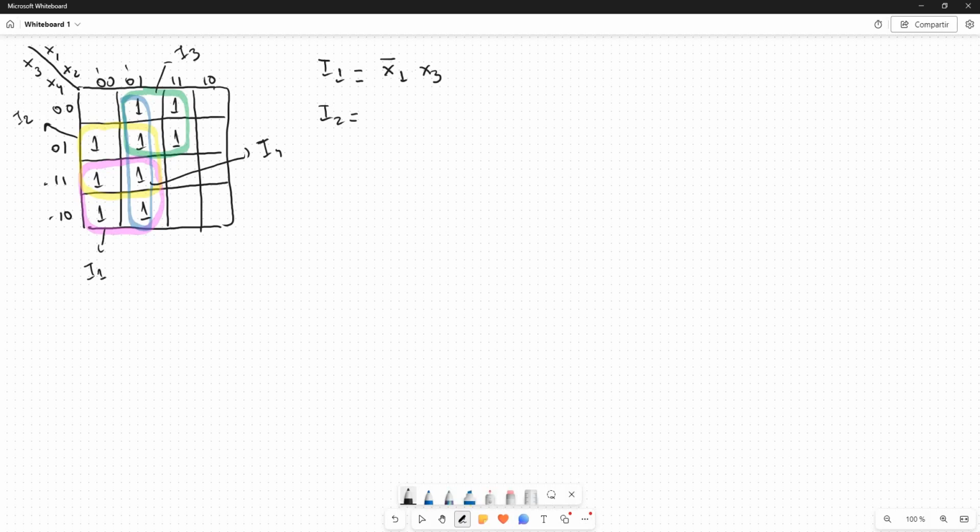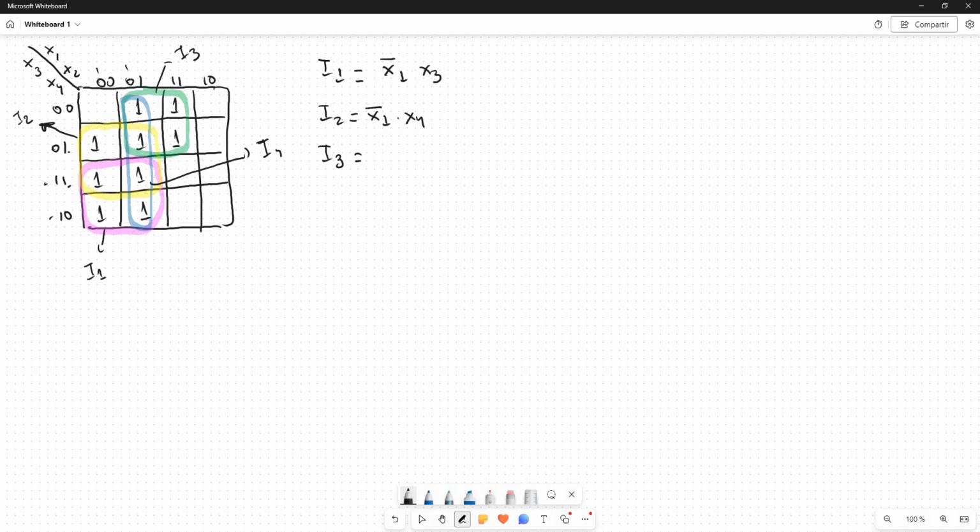So this is implicant 1. Implicant 2 is this one. So again it is x1 negated because it's the one that remains constant in the columns and is 0. In the rows, the one that remains constant is s3 and is not negated because it's 1 and 1. So we continue.